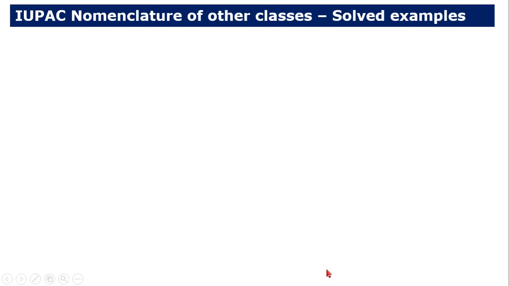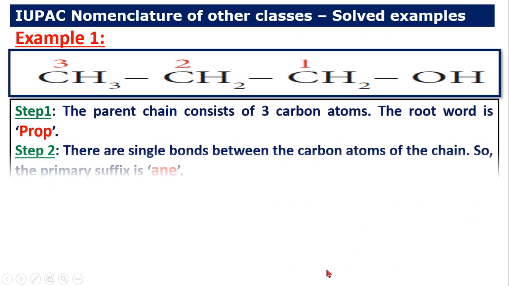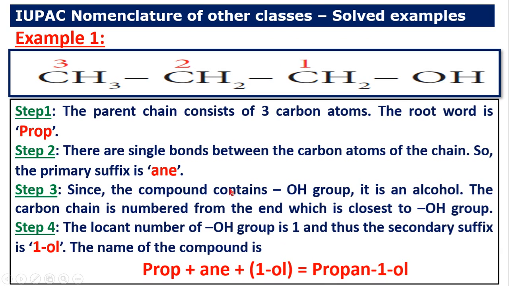The next one, IUPAC nomenclature of other classes, solved examples depending upon the functional group. There are 4 functional groups: alcohol, aldehyde, ketone, carboxylic acid. Example 1. CH3 bond CH2 bond CH2 bond OH. Here you have to number from the right side, carbon 1, 2, 3.